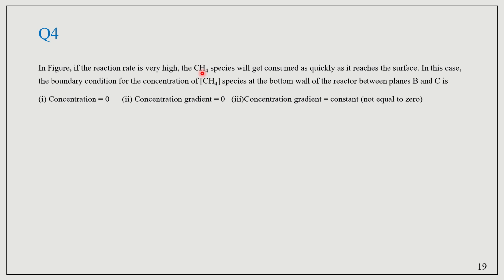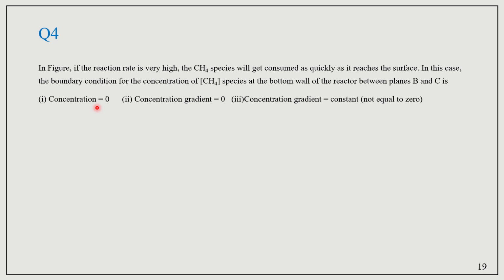In this case, what would be the boundary condition for the methane species at the bottom wall of the reactor between planes B and C? At the bottom wall of the reactor, if the catalyst is converting the reactant species very fast because of the high reaction rate, methane will not be reaching. So the concentration of methane at the bottom wall of the reactor between planes B and C will be 0 actually.